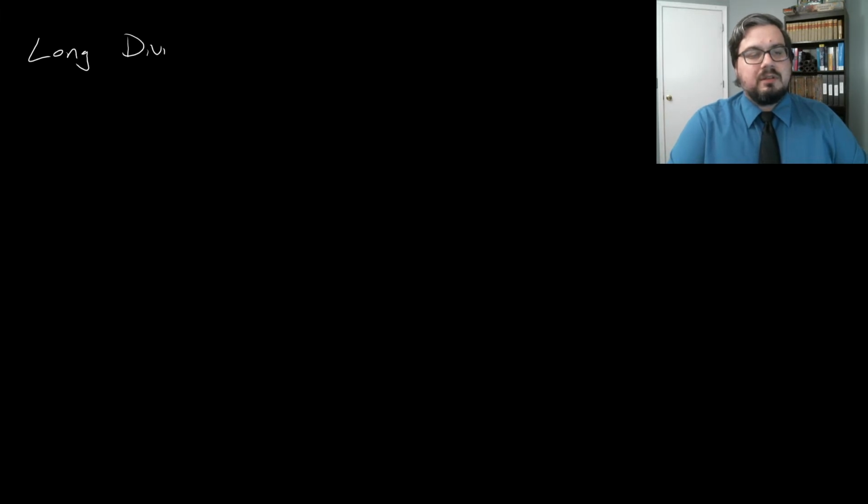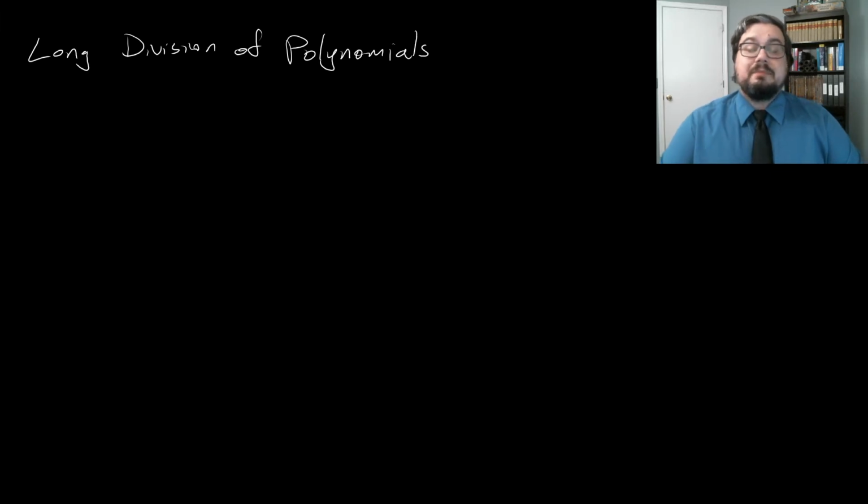So let's look at the long division of polynomials. And the best way to do this, in my opinion, is just to start with an example that will illustrate the techniques that we use. It's going to follow most of the same steps as long division of numbers do, but we'll be working with polynomials rather than numbers. So, example.